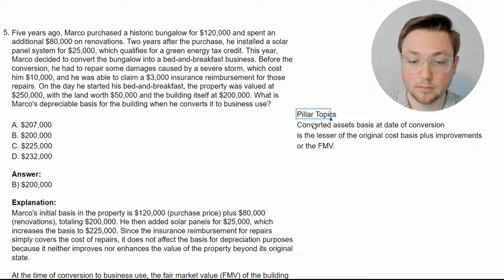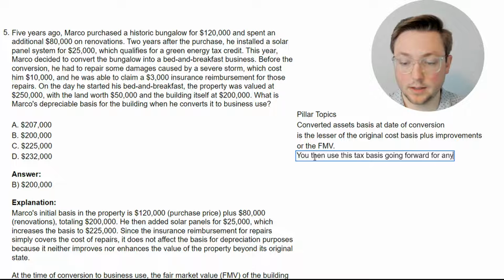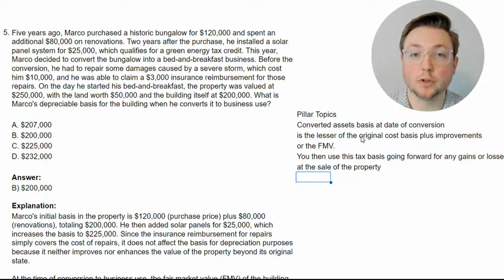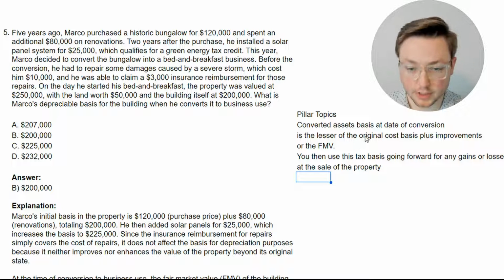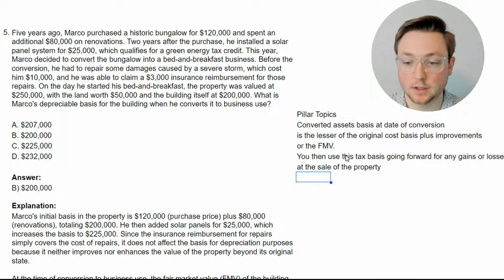And then you use this tax basis going forward for any gains or losses at the sale of the property. So once we know this tax basis, we can use that tax basis to depreciate, and then we can use that basis and its accumulated depreciation to calculate any gains or losses when we sell that property.